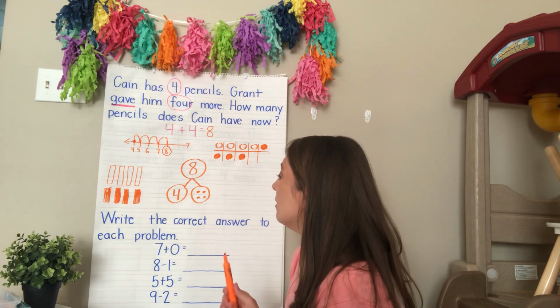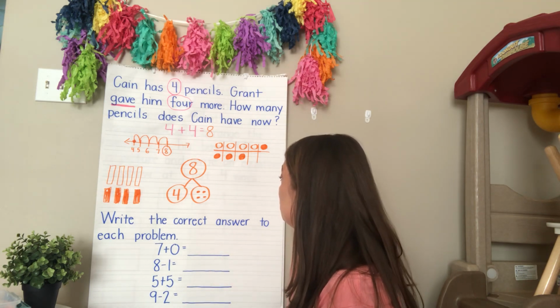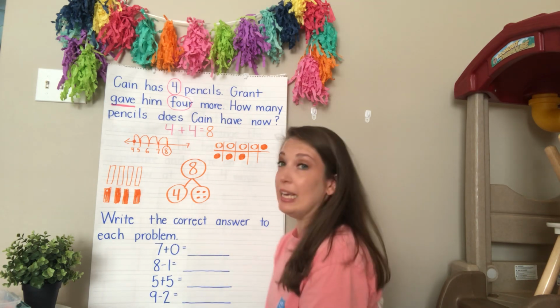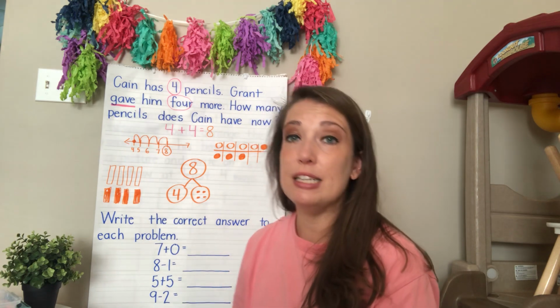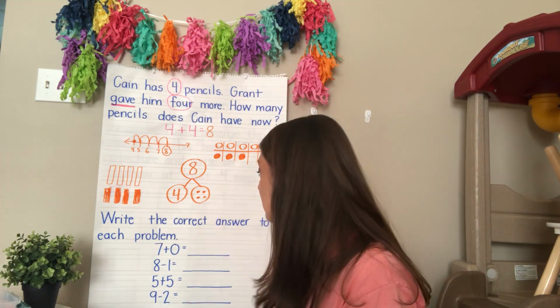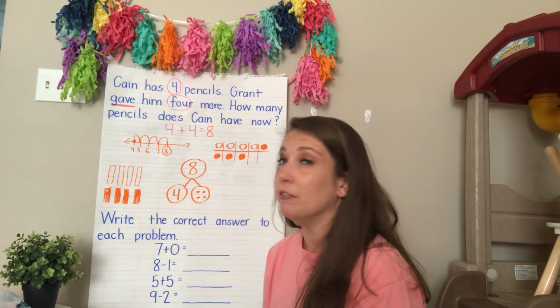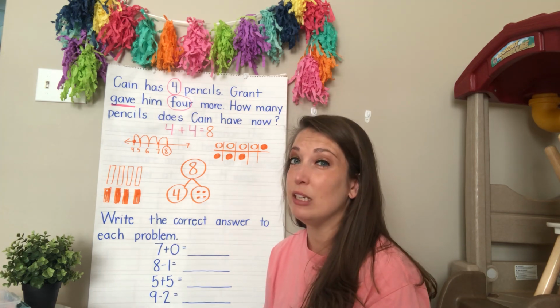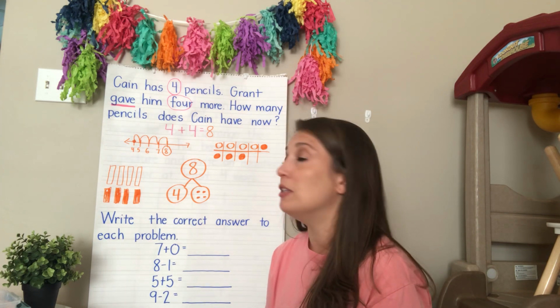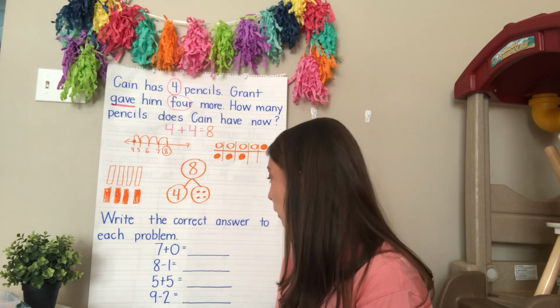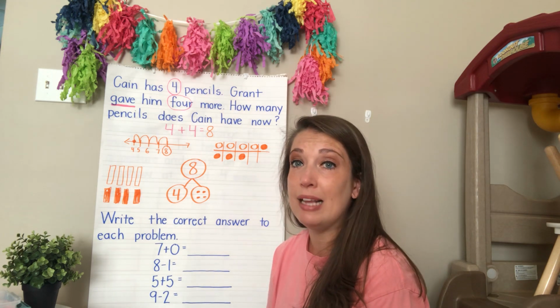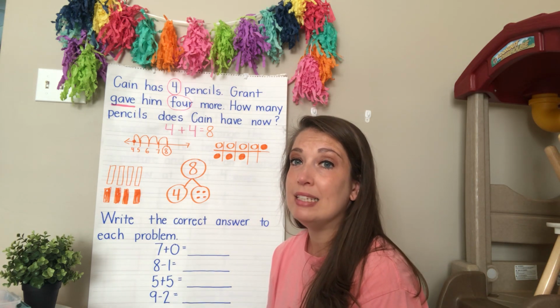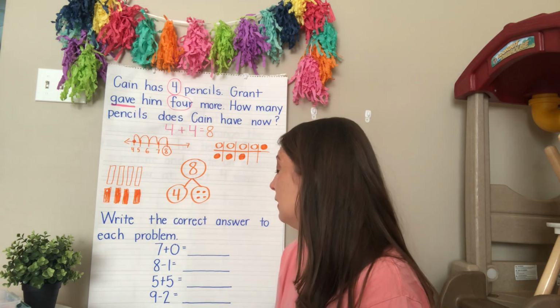Okay, for our next problem, you are going to write the correct answer to each problem. So you need to write these 4 equations on your paper. I'm going to read them to you twice, and then you'll need to pause the video to solve them. First problem, 7 plus 0. 7 plus 0.